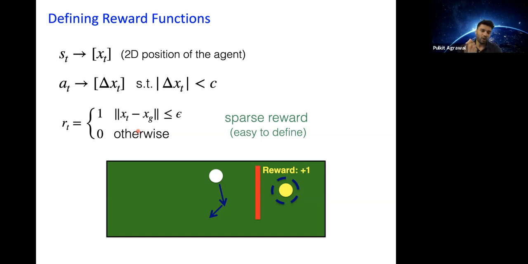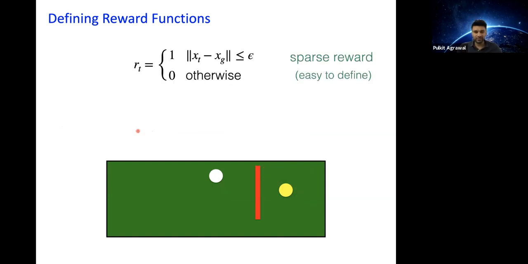For example, in the block stacking example, I could say the reward is +1 if the red block is on top of the blue block, and otherwise I get no reward. Now it is easy to define, but it comes at a cost. The cost is that in order to achieve the reward, you need to do a sequence of actions which actually lead you to the reward.